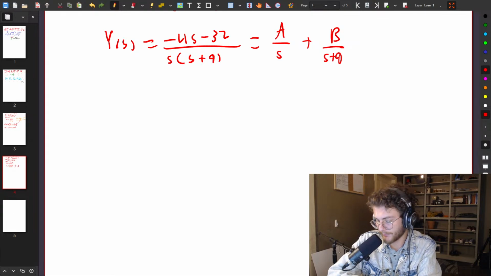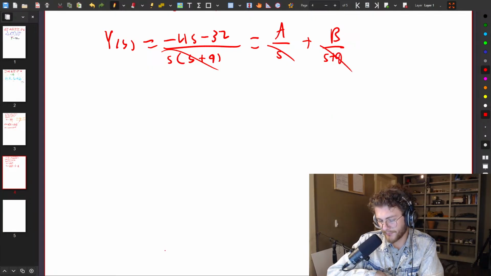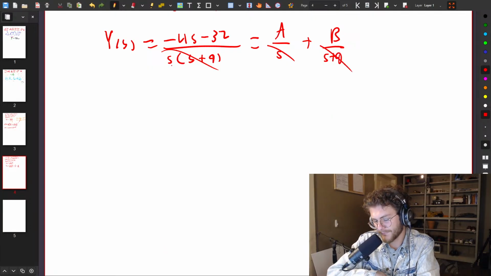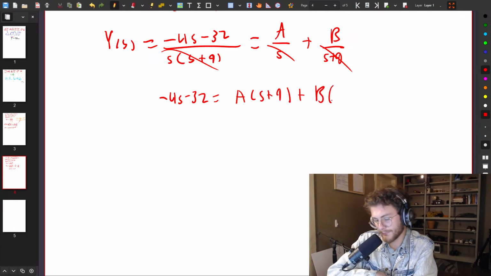And isn't that lovely? We can cancel the bottoms out by multiplying by what the bottom was on the left-hand side, to get negative 4s minus 32 equals A times s plus 9 plus B times s, which is a bunch of BS to me.